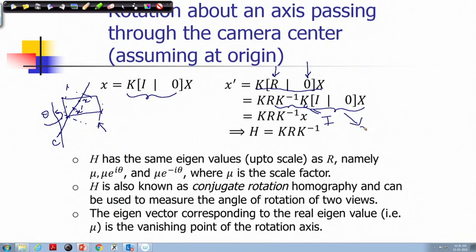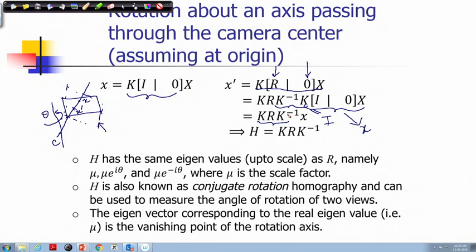This is what gives you the image point of the first camera. Finally, x prime is related to x by this relation: it is a matrix multiplication K R K inverse that you multiply with x, and that matrix itself is the homography. This is how the homography is established between these two views and their corresponding image points of the same scene point.